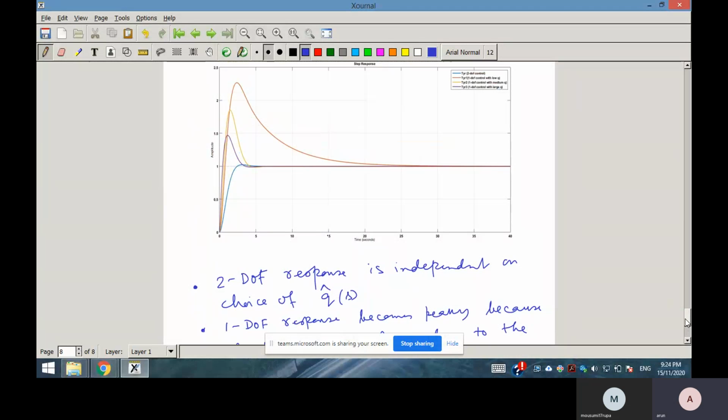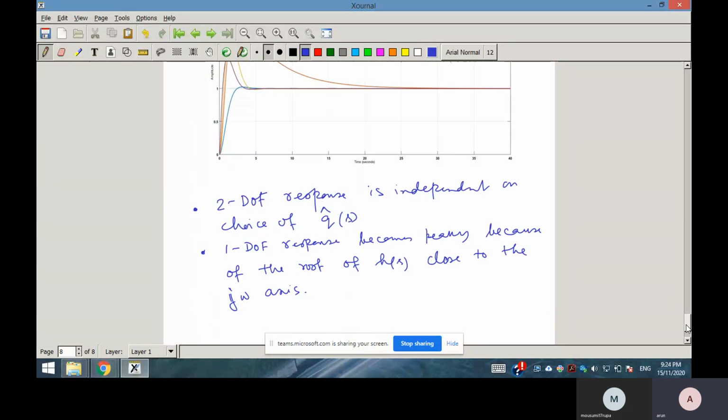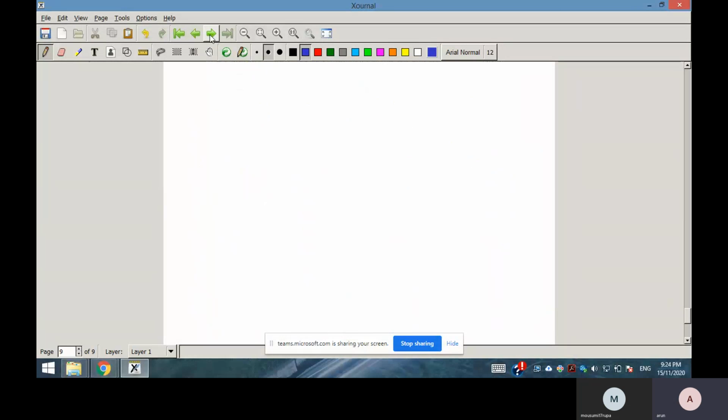So this is about your tracking performance, where we have shown that the 2 degree of freedom reference input to output characteristics is much superior. Now we'll see the control effort characteristics.